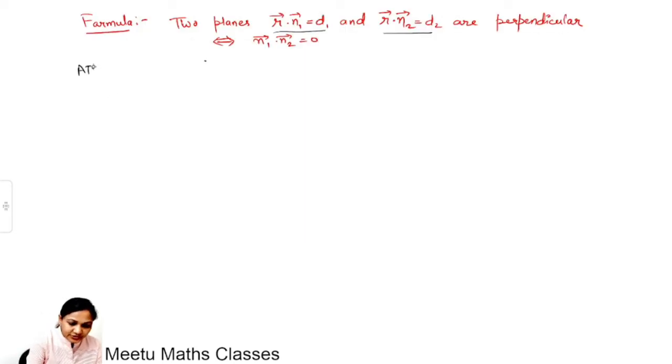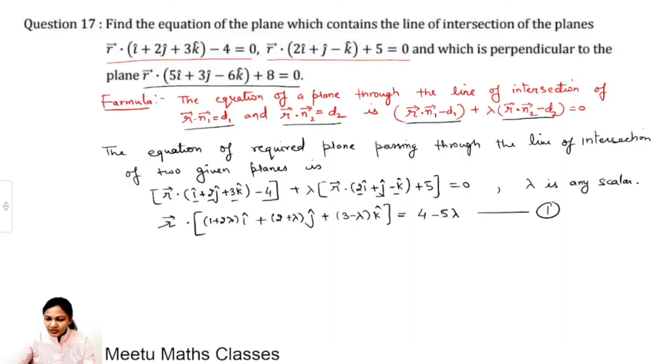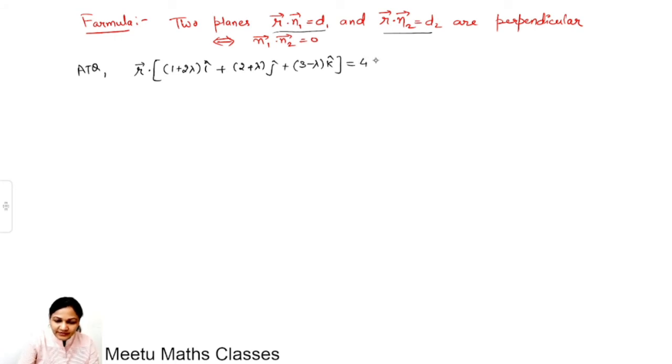According to the question, your plane r dot (1 plus 2 lambda)i plus (2 plus lambda)j plus (3 minus lambda)k is equal to 4 minus 5 lambda.